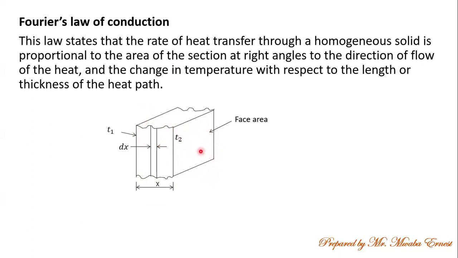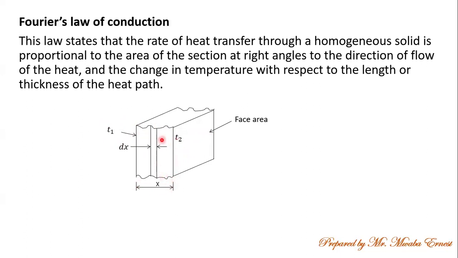So as heat moves from point 1 going to point 2, one thing we can all agree is that the temperature has to be higher here compared to where it is going. So heat will move from 1 coming to 2, from a high concentration to a lower concentration. And so we have the thickness.